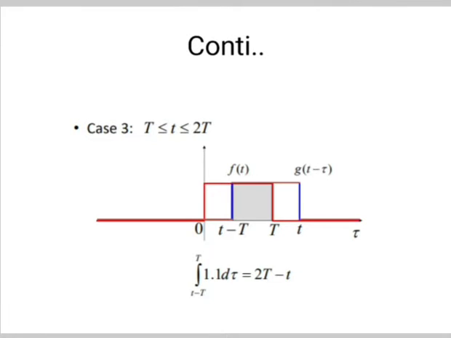Next is case 3, if t is between T and 2T. So there is also overlapping and the integration equation is written here. If t is greater than capital T and less than 2T, then the diagram for this is shown here.